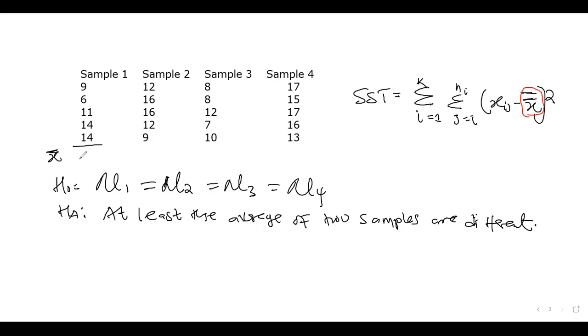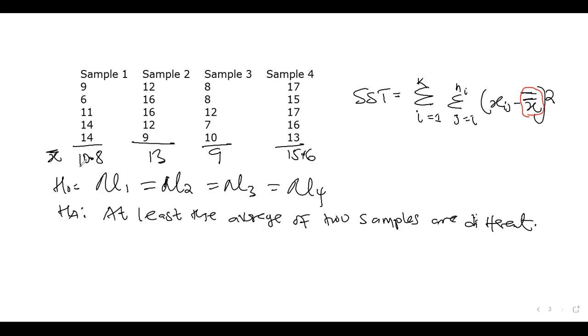The mean is going to be 10.8 for sample 1. For sample 2, the mean is 12 plus 16 plus 16 plus 12 plus 9 divided by 5, so the mean is going to be 13. For sample 3, the mean is going to be 9. And for sample 4, the mean is going to be 15.6, all right?